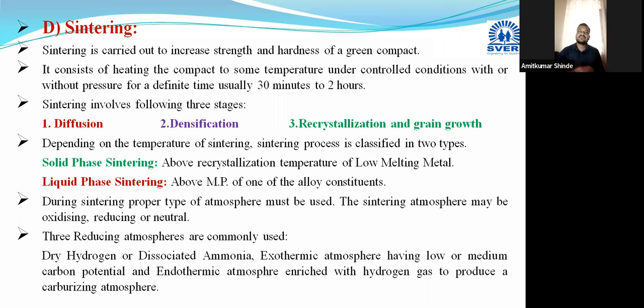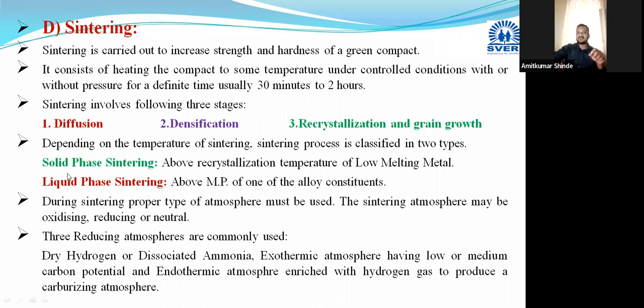Now this sintering is completed in 3 stages. In the first stage, diffusion will occur. There is a mixture of different metal powders or metal and non-metal powders.